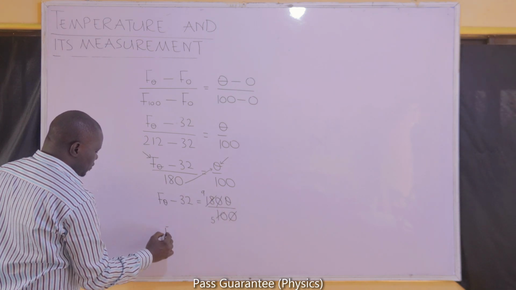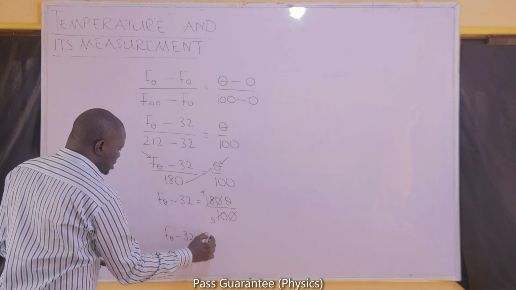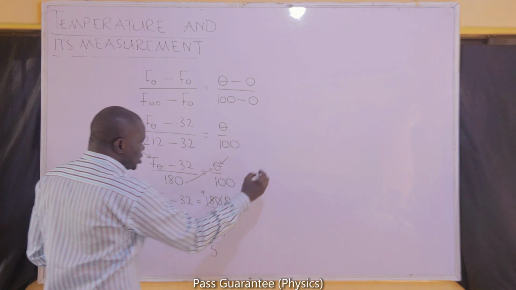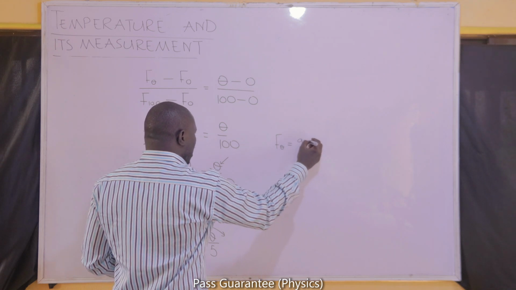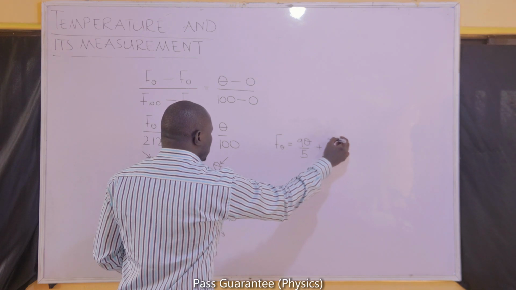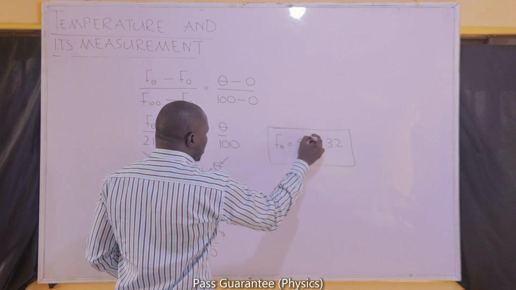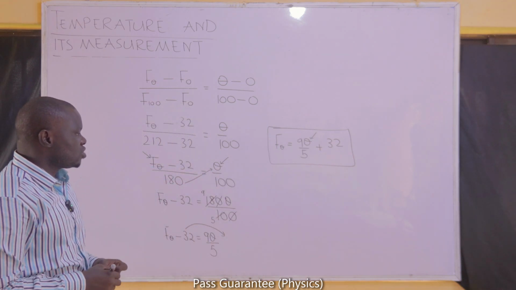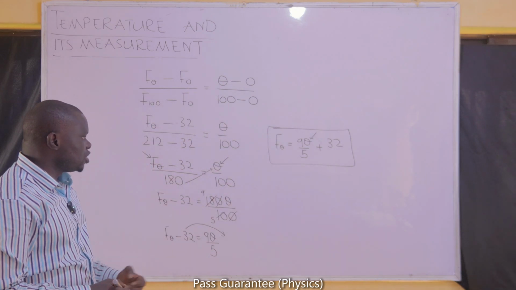So I can have F theta minus 32 is equal to 9 theta all over 5. I can bring 32 to the other side such that F theta becomes 9 theta all over 5 plus 32. So this simply is a formula for converting every Celsius value to Fahrenheit, and I can also use it to convert Fahrenheit to Celsius. You don't need to cram it once you pay attention to the derivation.